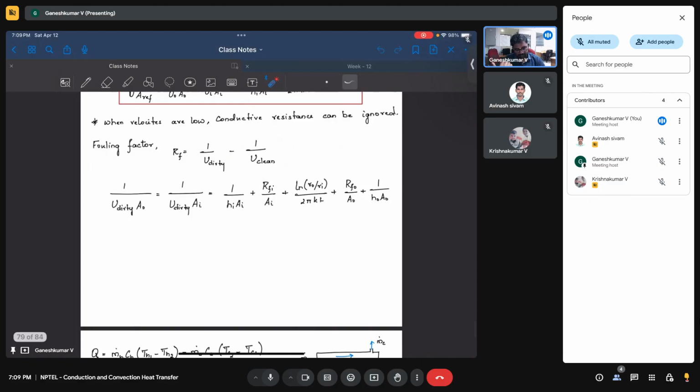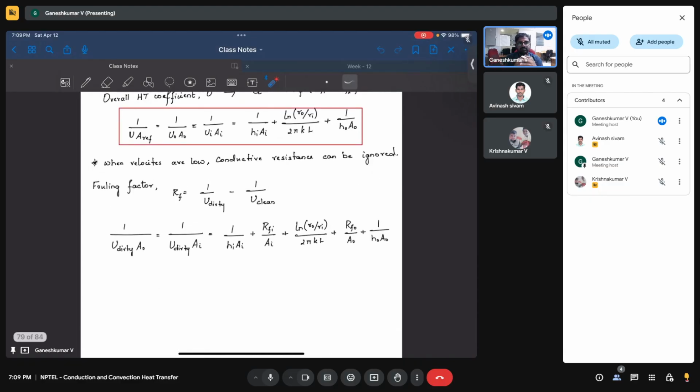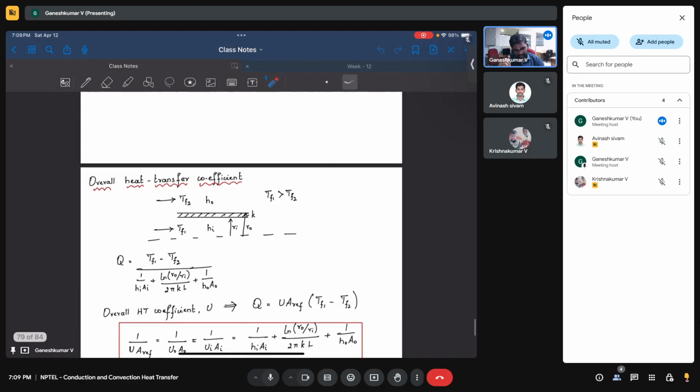Basically, this is an additional resistance that adds in the inner and the outer layer of the tube. Because of the settlement of these impurities and the oxidization of the tube materials, rust formation, all these things could add additional resistance.